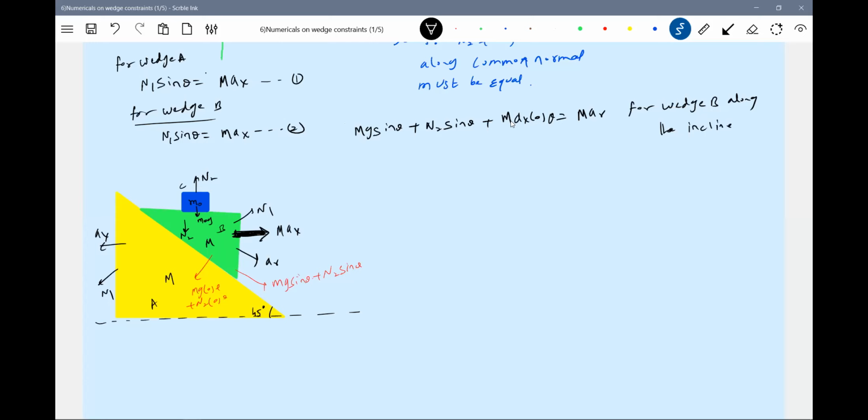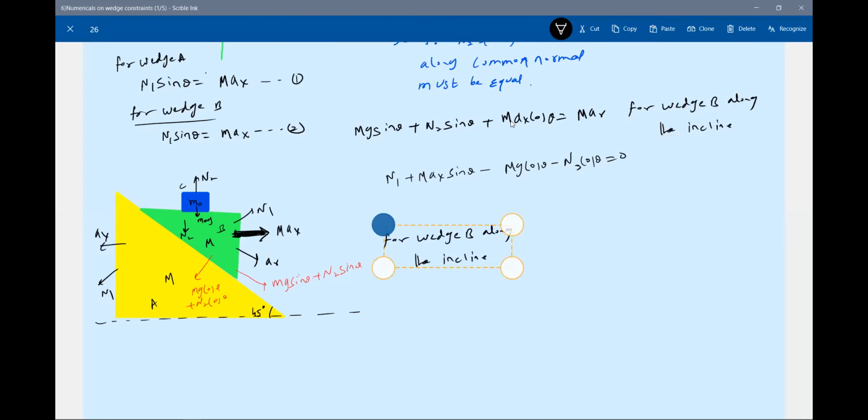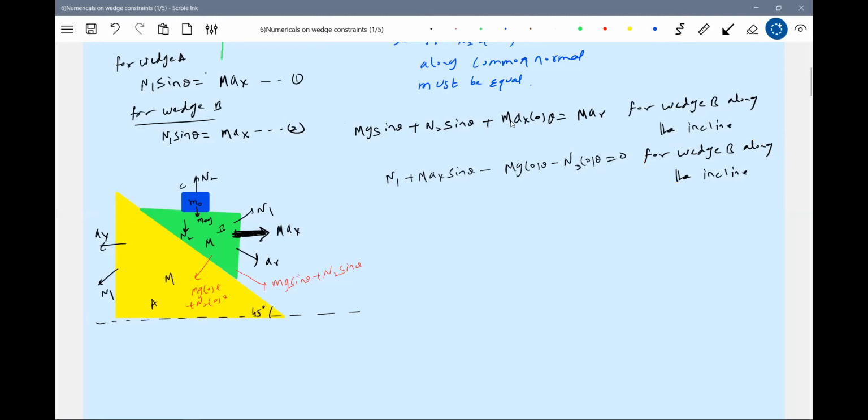And then perpendicular to the incline, what are the forces? N1 plus MAX sin theta minus mg cos theta minus N2 cos theta equals 0. This is for wedge B perpendicular to the incline. This will simplify because theta is 45 degrees.